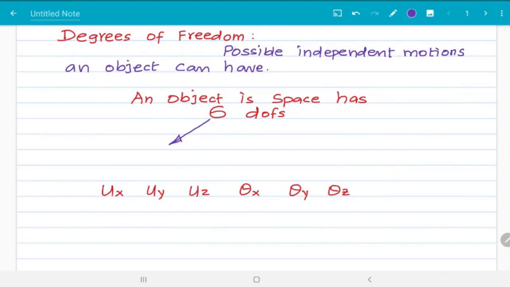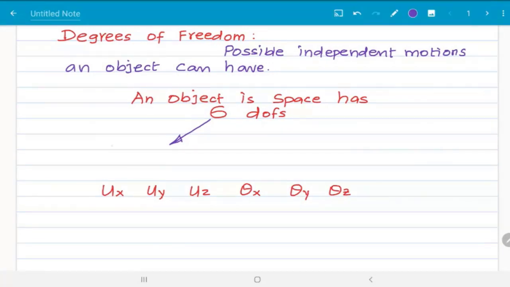So the technical name is translation. Translation means displacement along a straight path. 3 translations and 3 rotations.